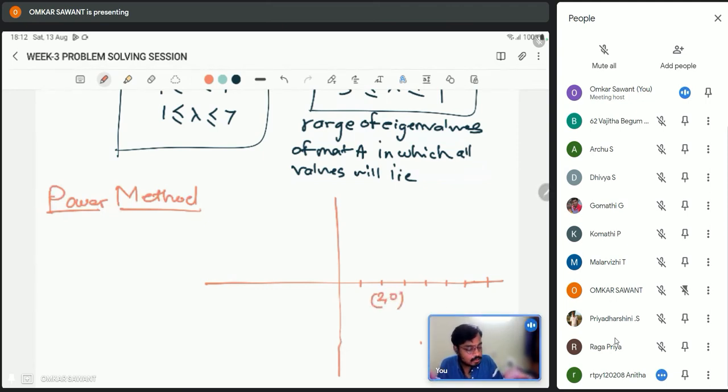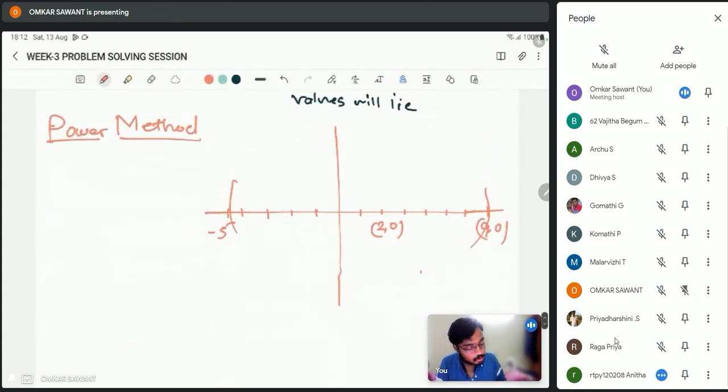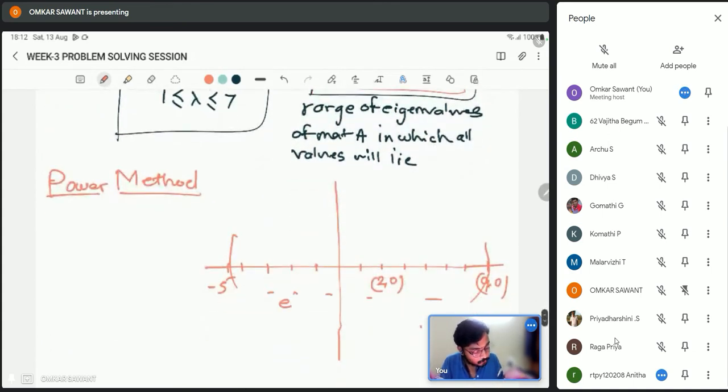The radius is 7. So what will be its extent? Till what value will it extend if it is a circle? Till 9, towards the positive x-axis. And towards the negative x-axis, minus 5. And you will draw a circle. This is our bound also. So every value is within minus 5 to 9, right? All eigenvalues will lie in this, correct? Yes, sir.